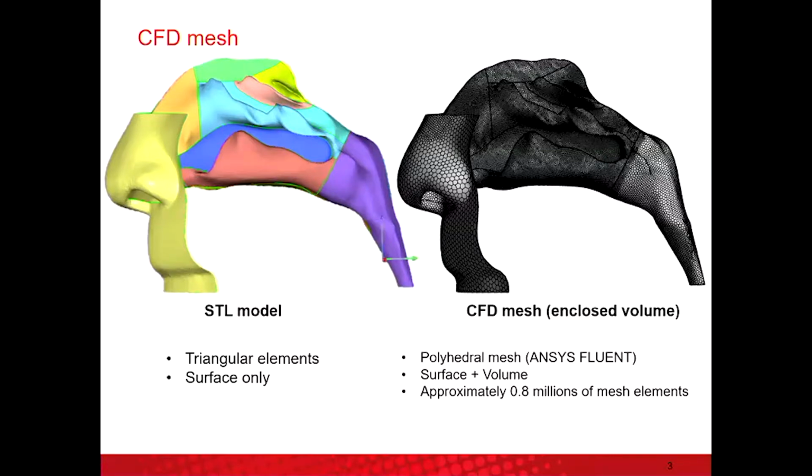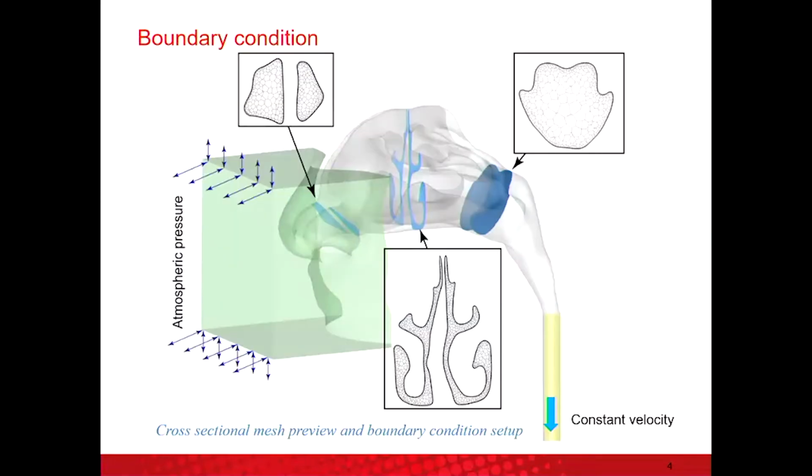The STL model only contains triangular elements, and this is only the surface mesh. So for the CFD mesh, we're going to generate not only the surface mesh but also the volume mesh, and this mesh includes all the computational domain.